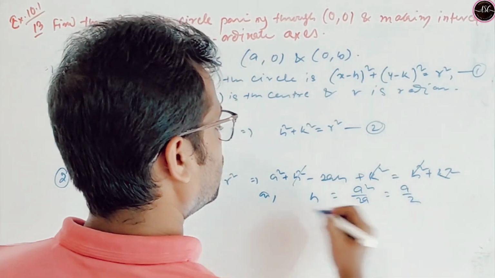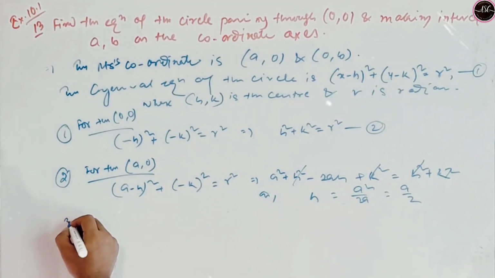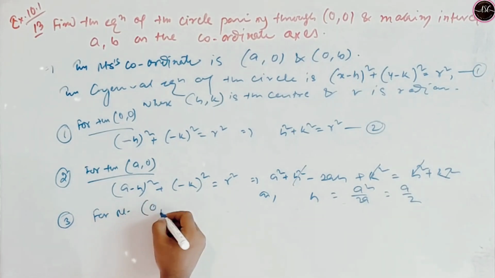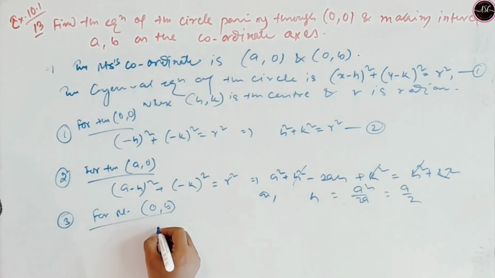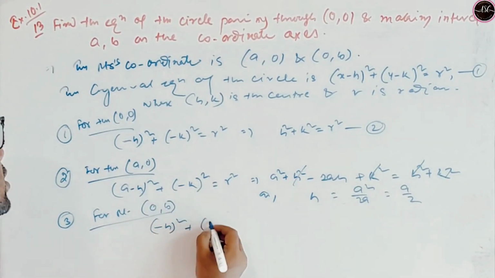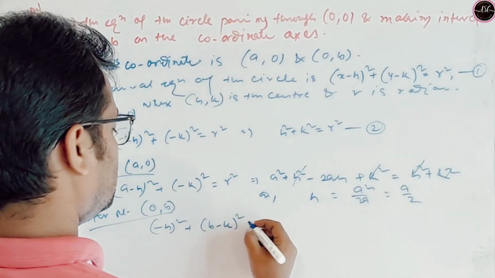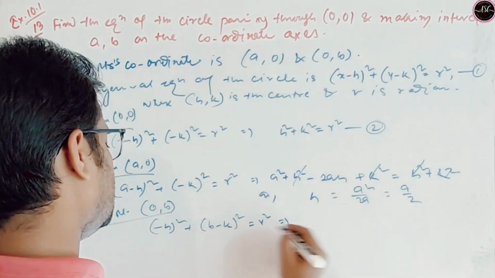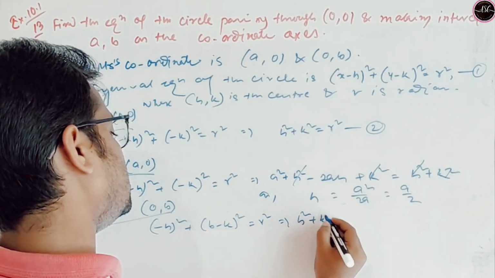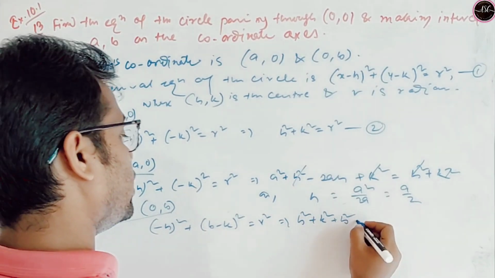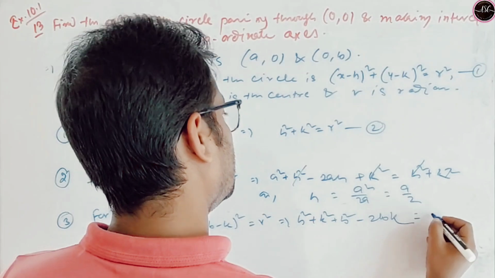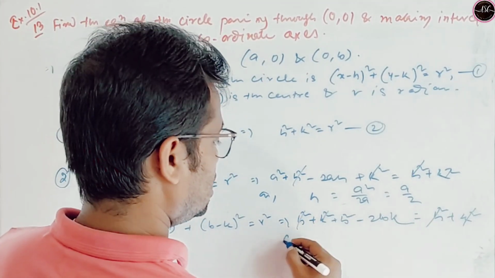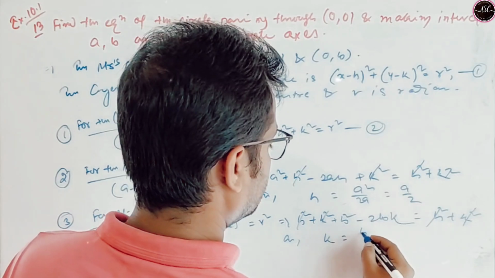So a by 2 will be h. And third, for point 0 comma b, we have minus h square plus b minus k whole square equal to r square. Just putting the value of r square and simplifying this, h square plus k square plus b square minus 2bk equal to h square plus k square. So this will be cancelled out, and here k equal to b by 2.